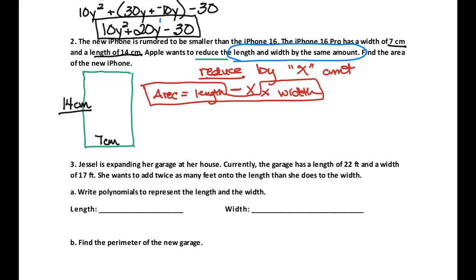I'm going to reduce it by X, which we said we're going to subtract X. So what is that amount? It is going to be 14 minus X, right? So this is my new length, which is X amount shorter. What is my new width going to be?